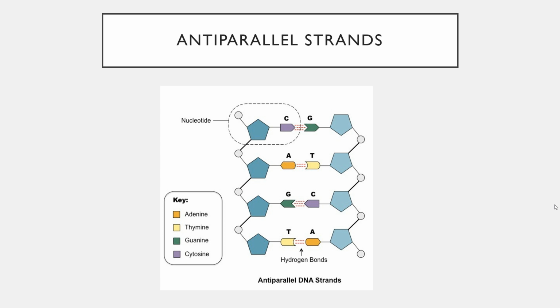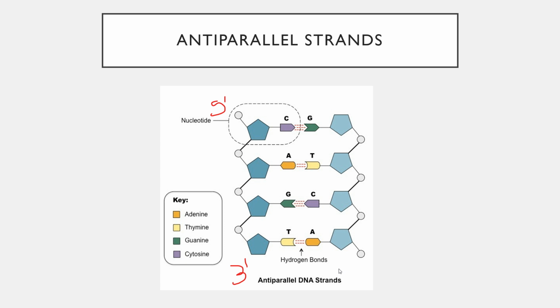We mentioned at the start the anti-parallel nature of this double-stranded structure, which is all to do with the directionality and where the nucleotides attach to each other. If we start with one strand, the 5' end is where you have your phosphate. See how there's nothing above; this phosphate is not attached to any other nucleotide, whereas at the opposite end, you'll have the 3' end.